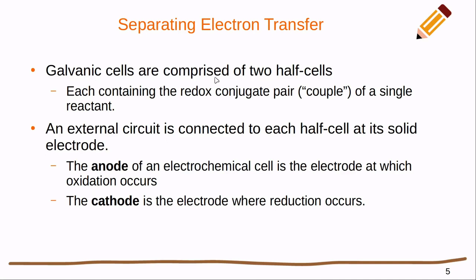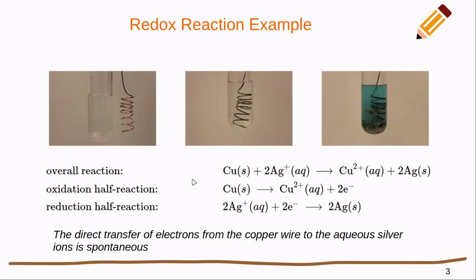These galvanic cells are going to be comprised of two half cells. In each one of the half cells, a half reaction is going to take place. They each contain the redox conjugate pair, or couple, of a single reactant. Meaning that, for instance, one of them would contain both copper solid and the copper 2+ cations in solution.